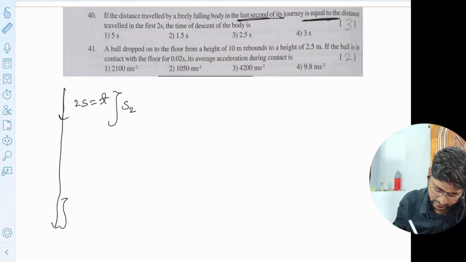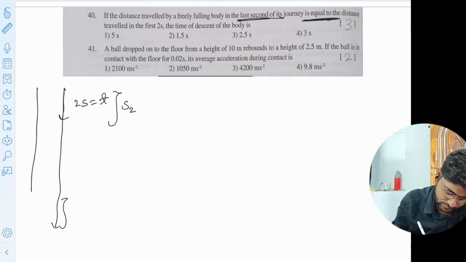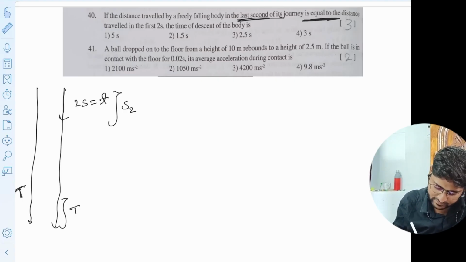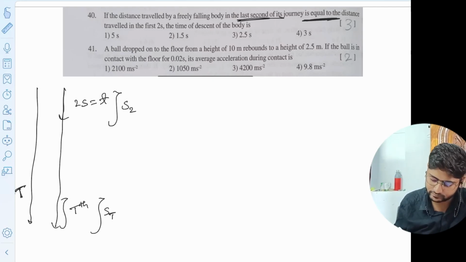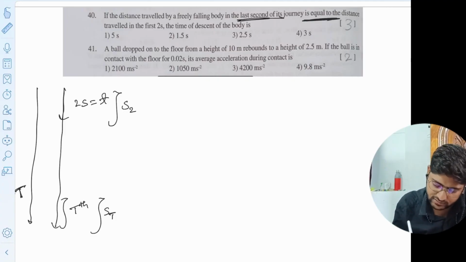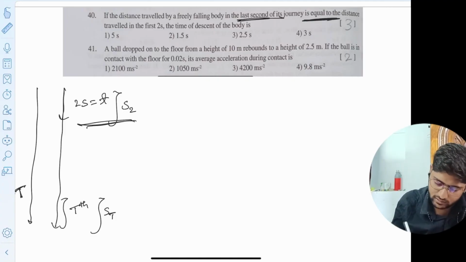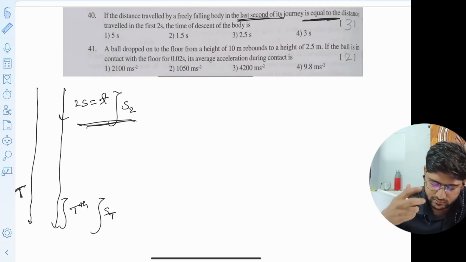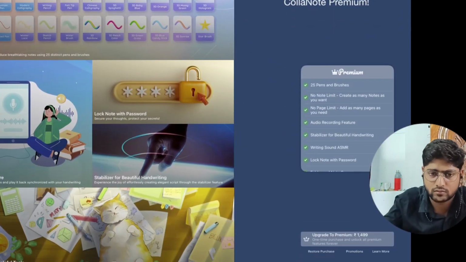Suppose the total time is t. Then the tth second distance will be equal to s2. So the tth second distance is what? Sn means nth second distance, the formula again. So total distance covered in 2 seconds is what? What is there?